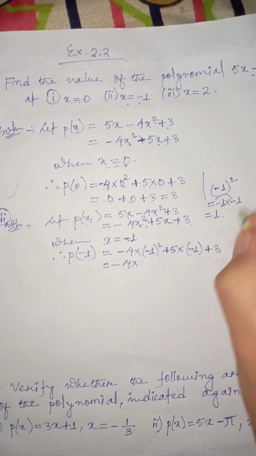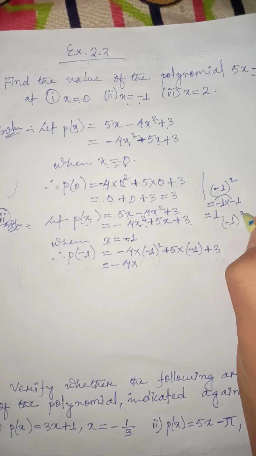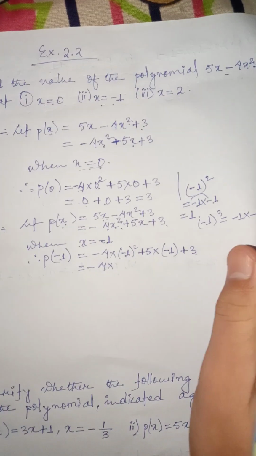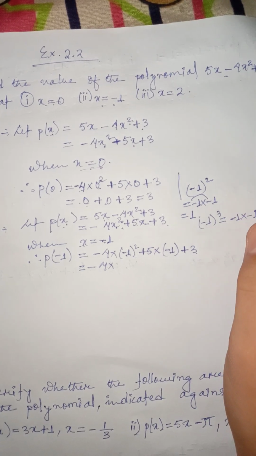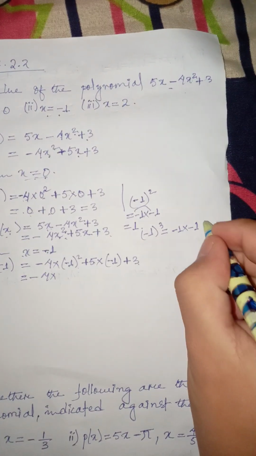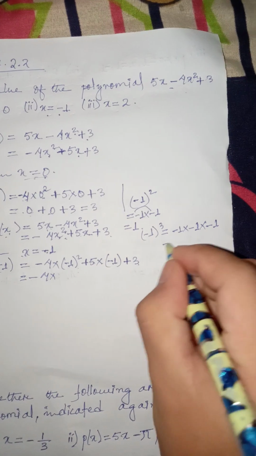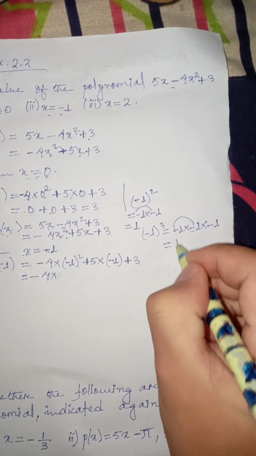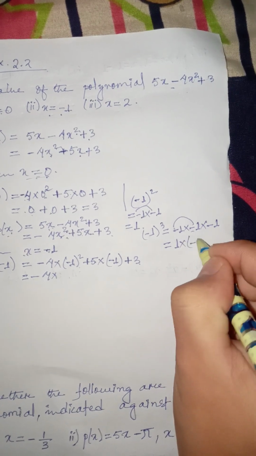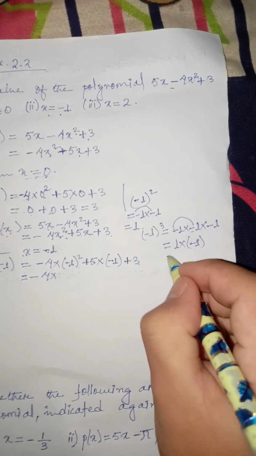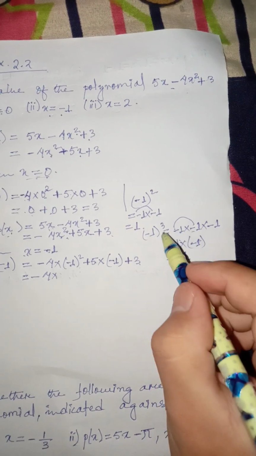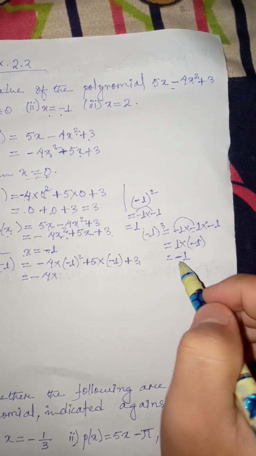Okay. And if it talks about minus 1 cube, that is minus 1 into minus 1 into minus 1. So if you multiply whole of this, that is minus minus plus, it will be 1. And here we have minus 1. Minus into plus will give you minus. 1 into 1 will give you 1. That means minus 1 cube will give you minus 1.